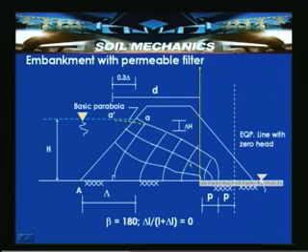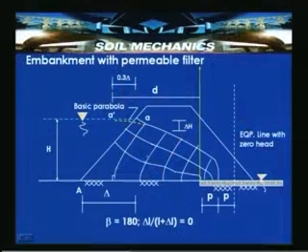Now, in this case, H is the head loss, so delta H is the drop between two consecutive equipotential lines. Again the procedure is simple, because this qualifies as a flow line, and here it starts as an equipotential line.